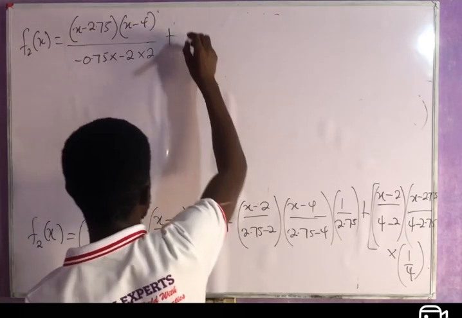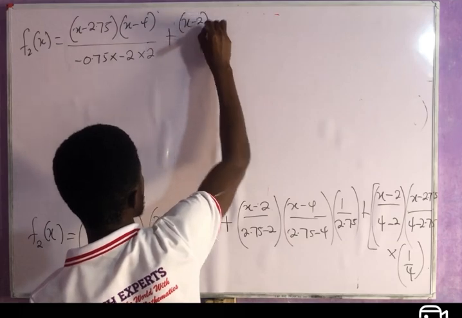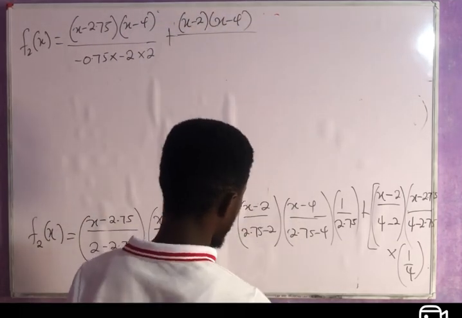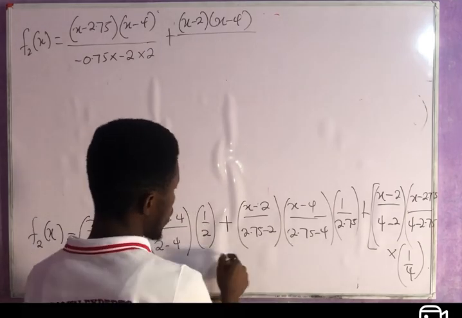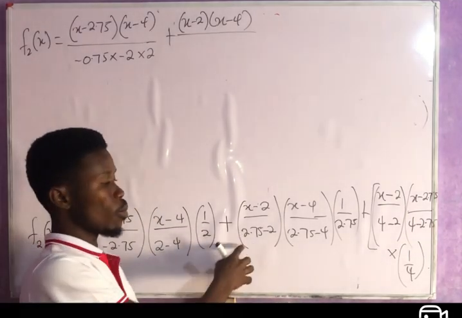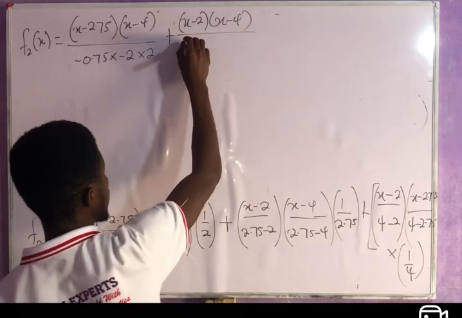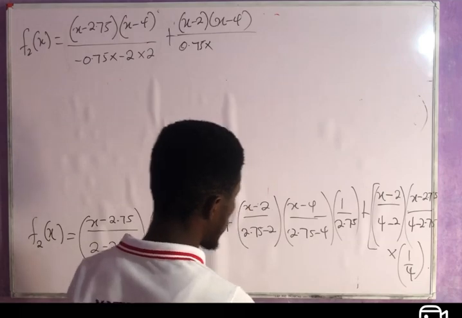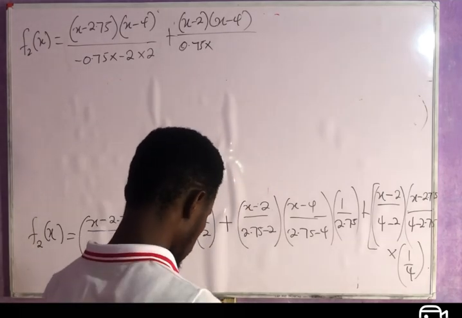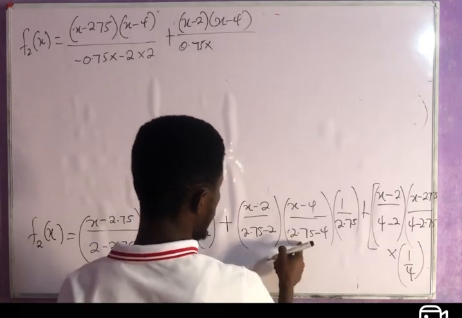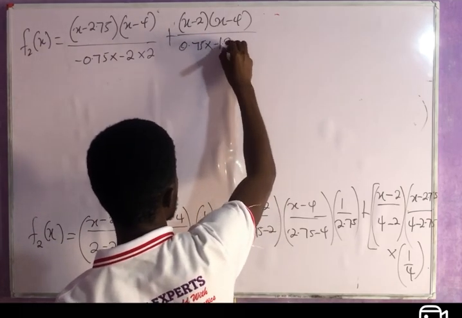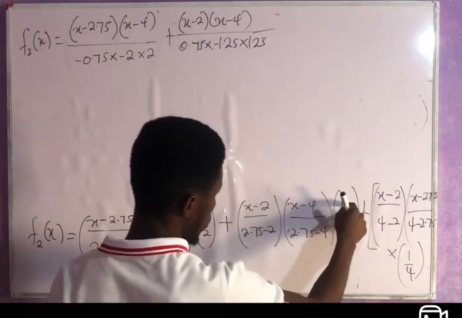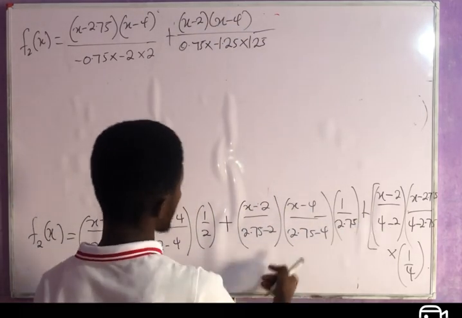So the next one, I'm going to have x minus 2, x minus 4, and it is dividing by this. If you subtract 2 from 2.75, you have 0.75 times. If you also do this one, you have 1.25. But it will be negative 1.25 times 1.25, because this 1 will multiply the top, this will multiply here.